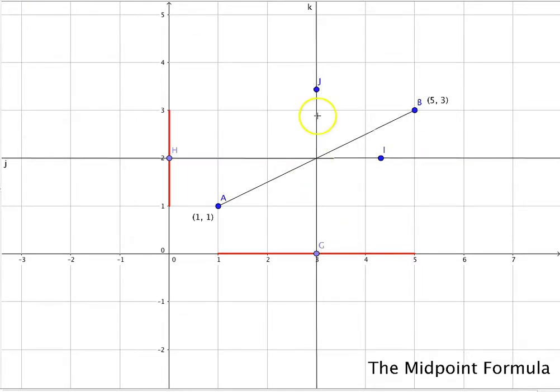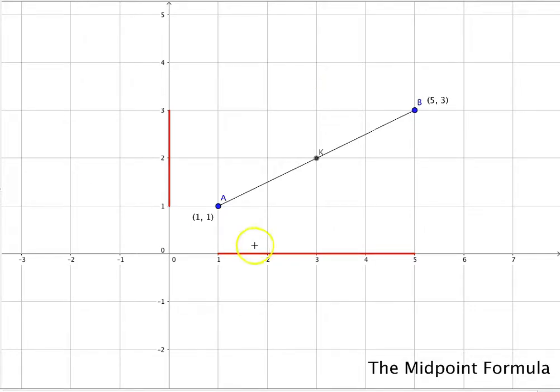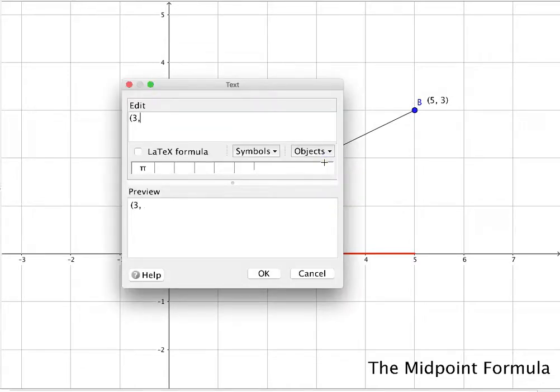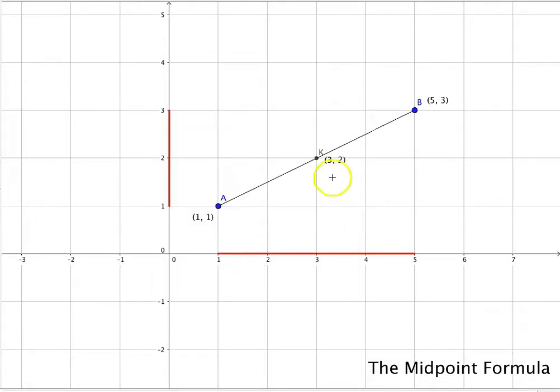And it turns out that this point right here is indeed my midpoint. So I can get rid of these other lines. Let me get rid of these lines here. And I don't need anything but point K. So as it turns out, point K is my midpoint. And it's easy to see that because point K is 3, 2. Okay, so point K is 3, 2, right?